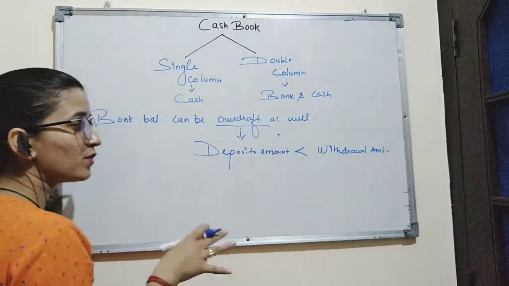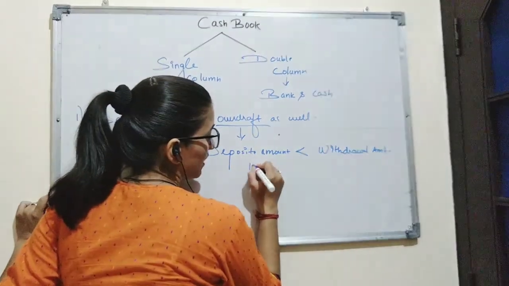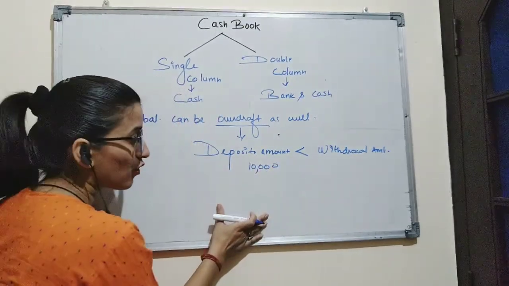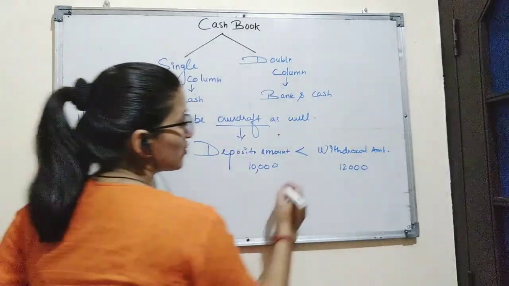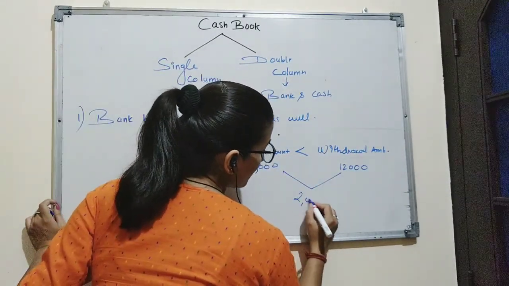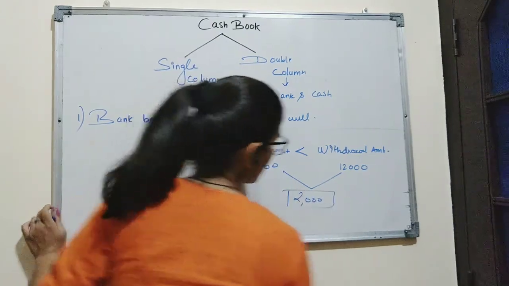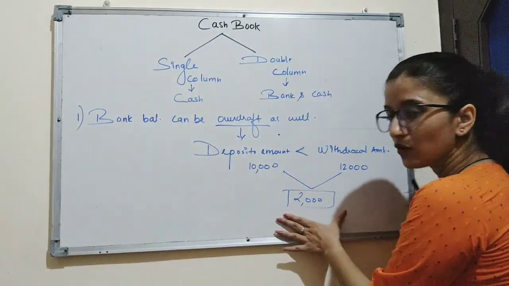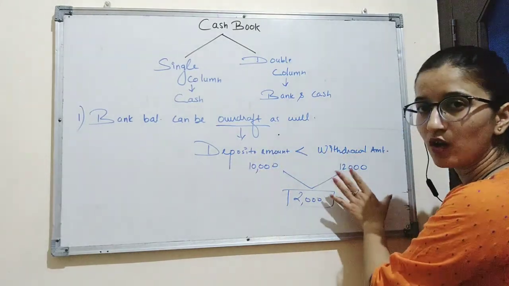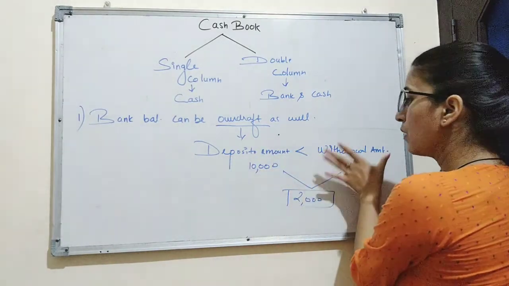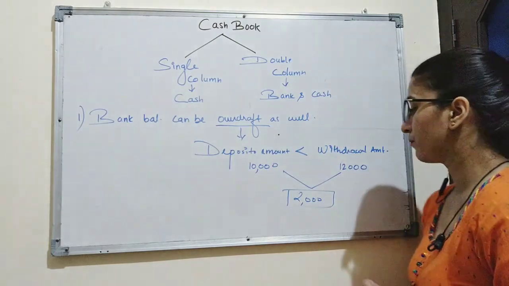Now, suppose you have a deposit amount of 10,000 rupees and you have withdrawn an amount of 12,000 rupees from the bank. So here, bank overdraft will be 2,000 rupees. This is a condition of overdraft where the deposit amount is less than the withdrawal amount, or we can say when the withdrawal amount exceeds the deposit amount.